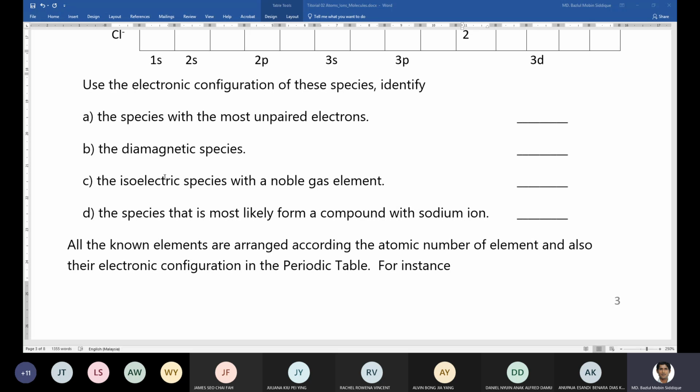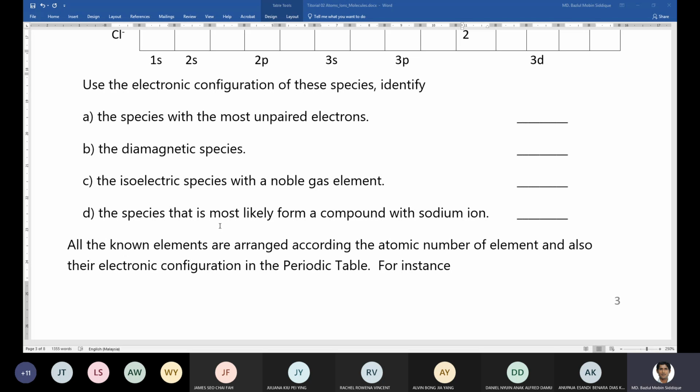The question is saying that the species with the most unpaired electrons is Cl2 plus, right? Because it has 1, 1, 1 electrons. And the diamagnetic species: diamagnetic is when there is no unpaired electron.